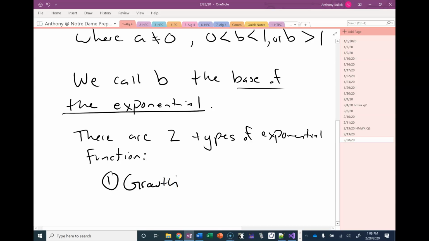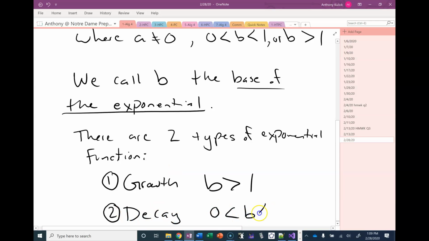The first kind is called exponential growth. That occurs when b is greater than 1. And the second kind is exponential decay. That occurs when b is between 0 and 1.